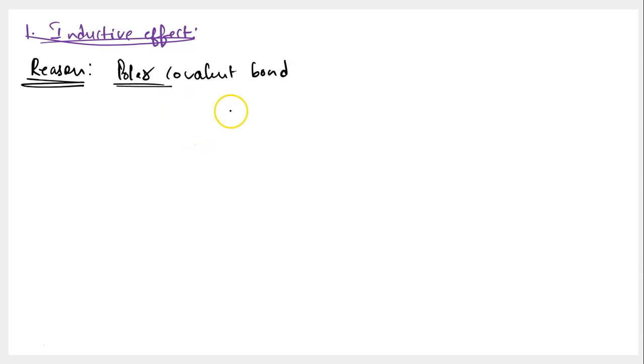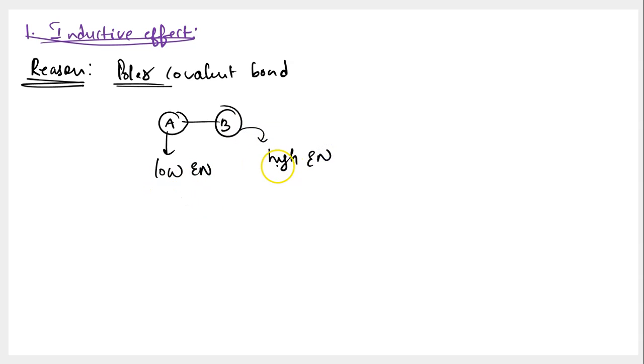A polar covalent bond occurs due to the presence of two atoms involved in a covalent bond whose electronegativity is not the same. One of the atoms has very low electronegativity and the other has high electronegativity. Because the low electronegative atom is not able to keep hold of the bond pair of electrons, the more electronegative atom attracts the bond pair towards itself.